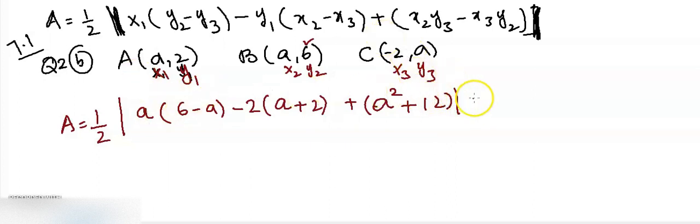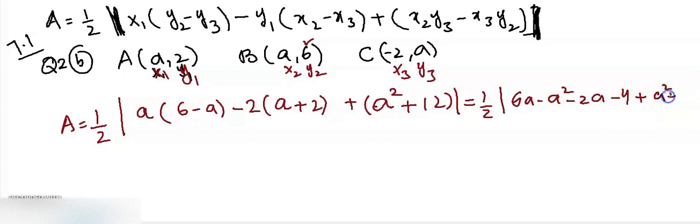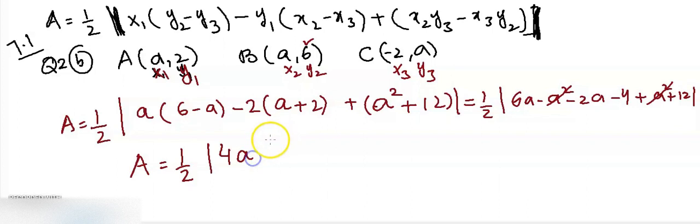So let's simplify this more. I get 1 over 2 absolute of 6a minus a squared minus 2a minus 4, and then we have plus a squared plus 12. Basically a squared gets cancelled with a squared, so area becomes equal to 1 over 2, and then we have 6a minus 2a, so we get 4a, and then we have plus 8.